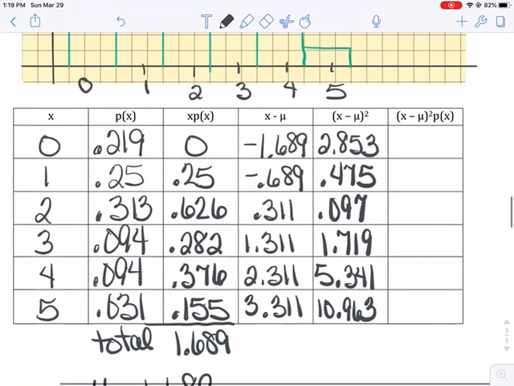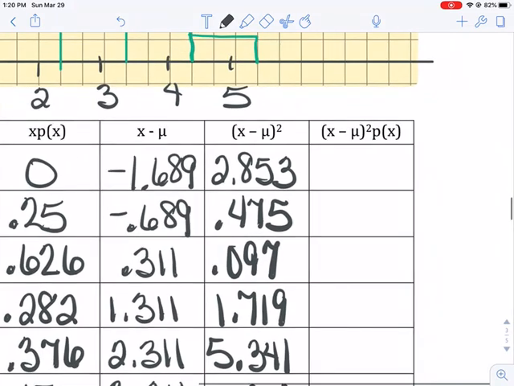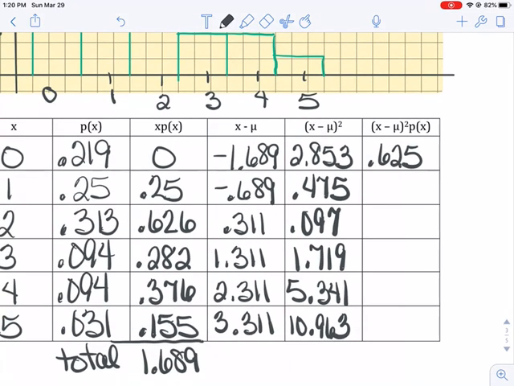Okay, so now we're going to take those numbers and times it by our P of X. So 0.219 times 2.853. Okay, and keep going.